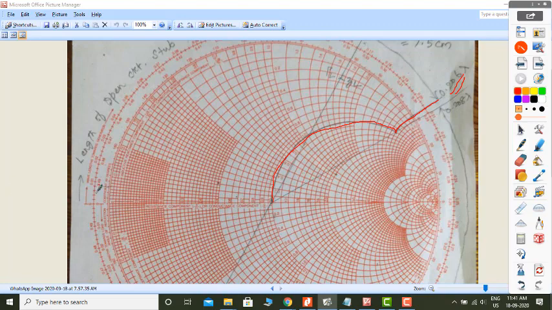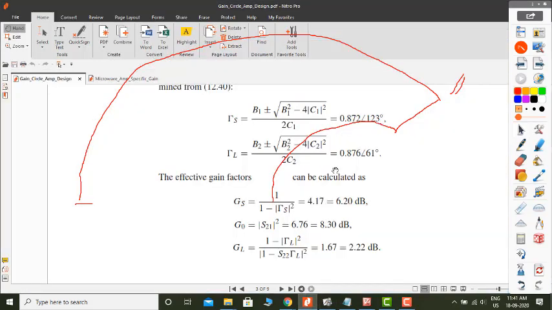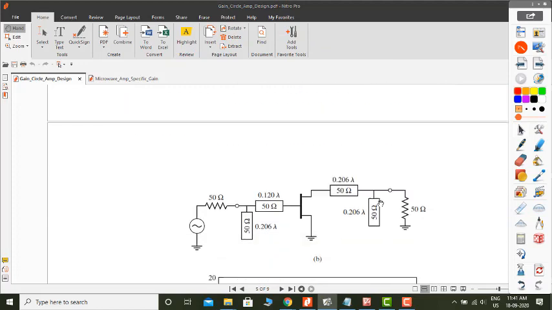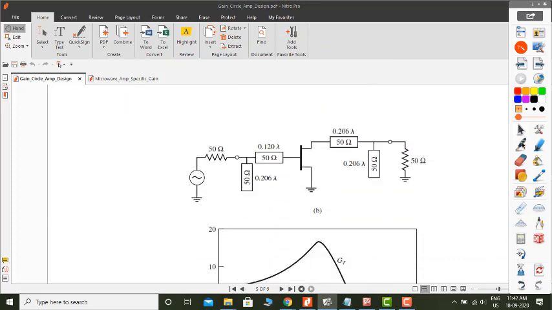Now you measure the length from the extreme left end of the Smith chart up to here, and this length will be 0.206 lambda. So this is the stub length, 0.206 lambda.